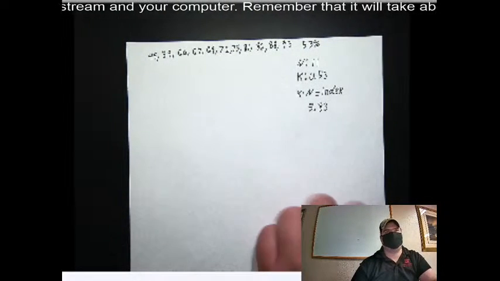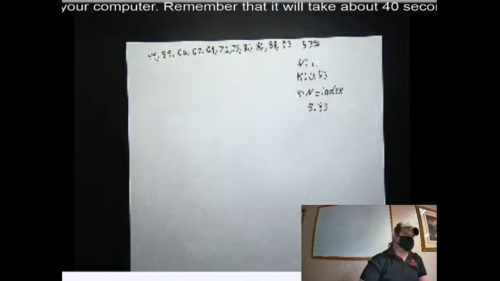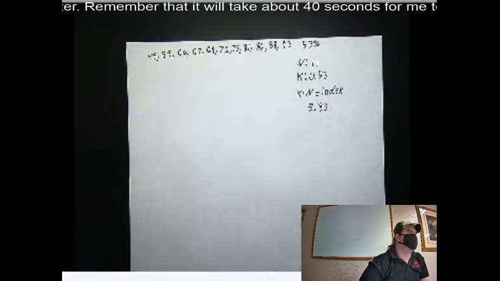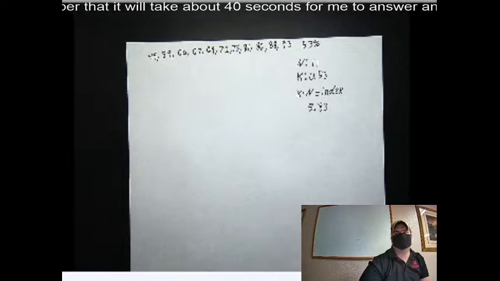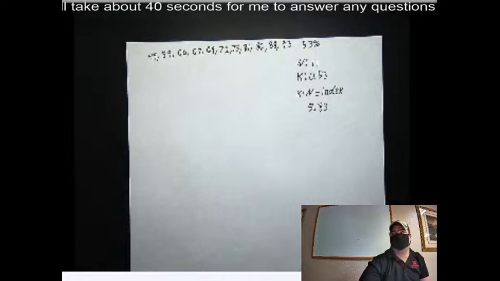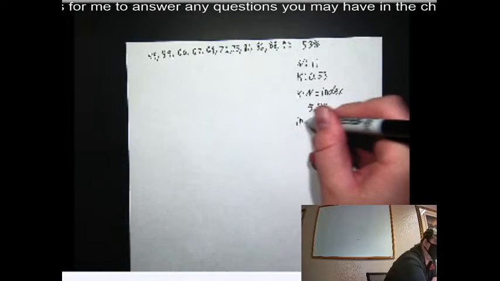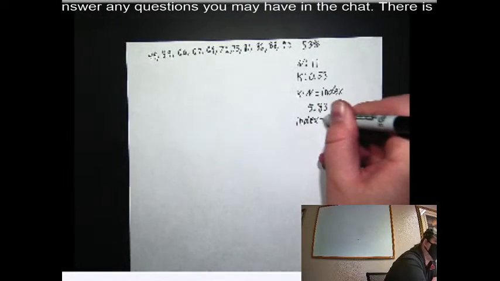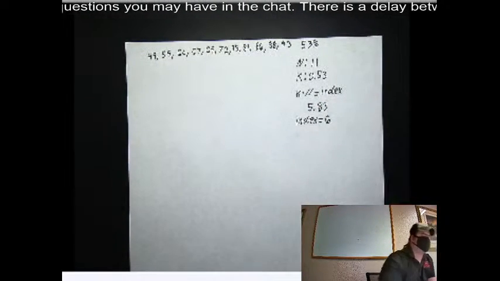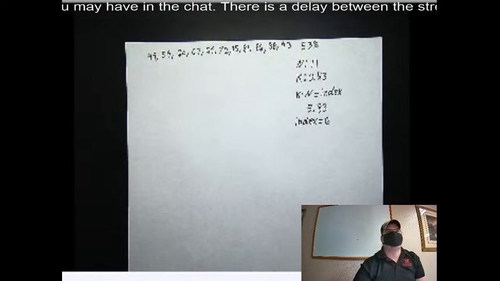So what is this rounded to the nearest whole number? 6, yeah. So our index is 6.